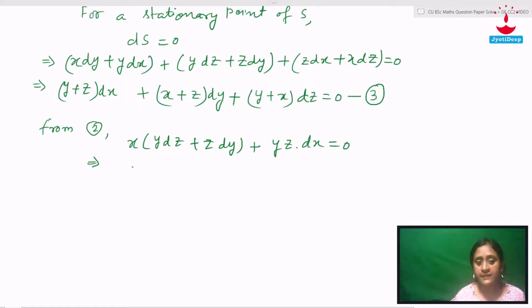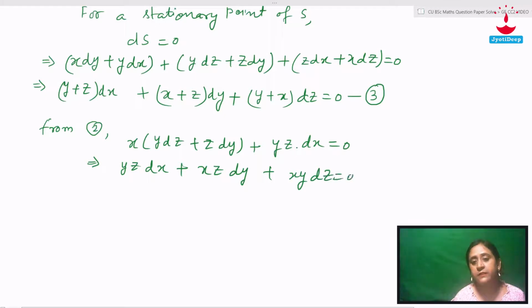After rearranging we will get yz dx plus xz dy plus xy dz equal to 0. This is equation number 4.